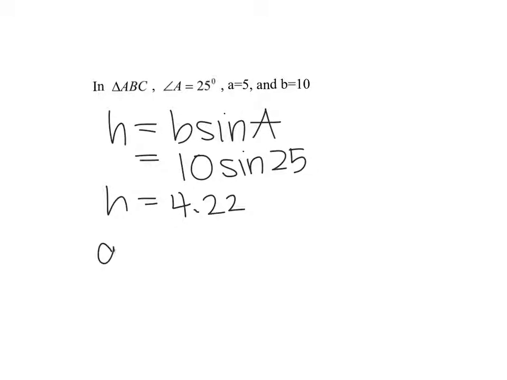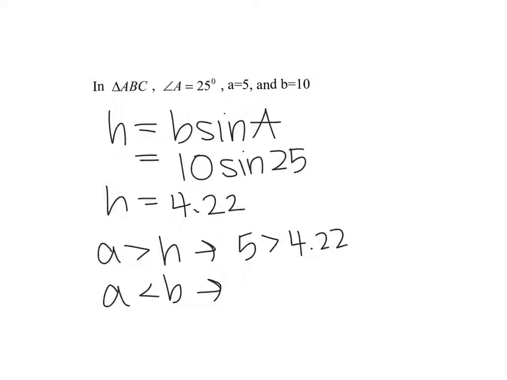So in this case, A is greater than our height, since 5 is greater than 4.22. But it also meets the requirement of our side A being less than our given side B, since 5 is less than 10.